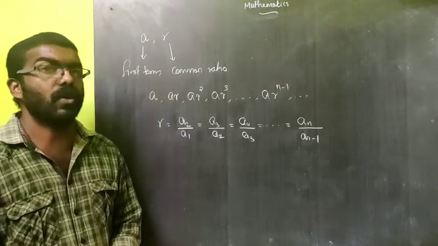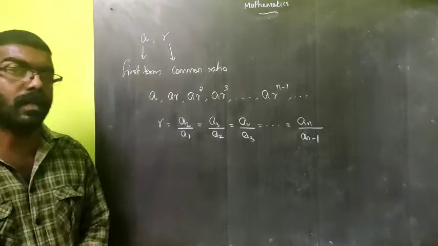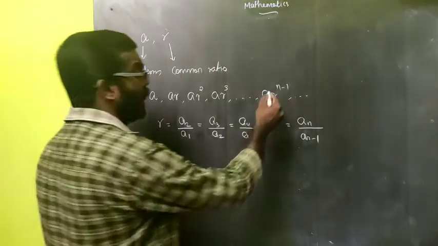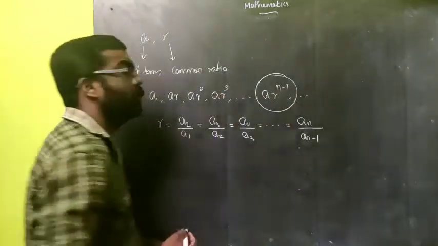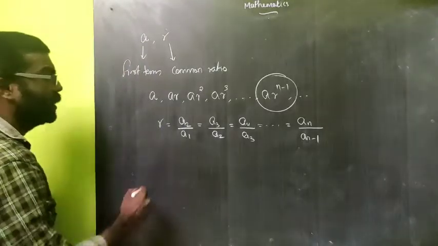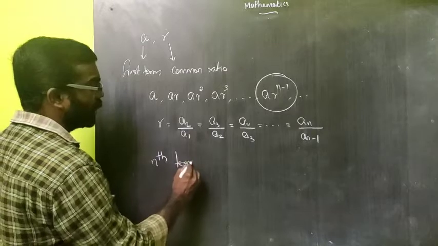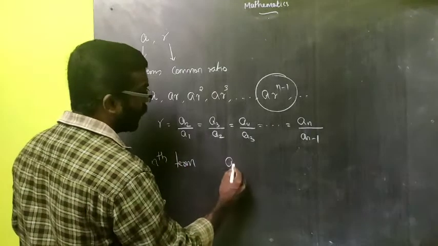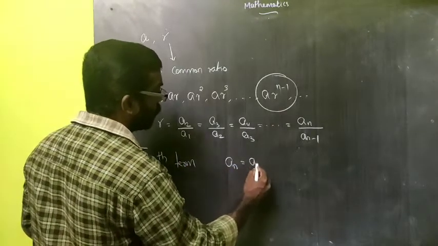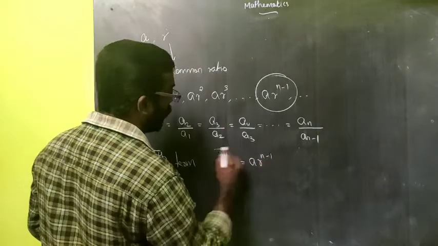Common ratio of a GP. Right. So here ar raised to n minus 1 is known as the nth term or general term of the geometric progression. It is denoted by an, which is equal to ar raised to n minus 1.